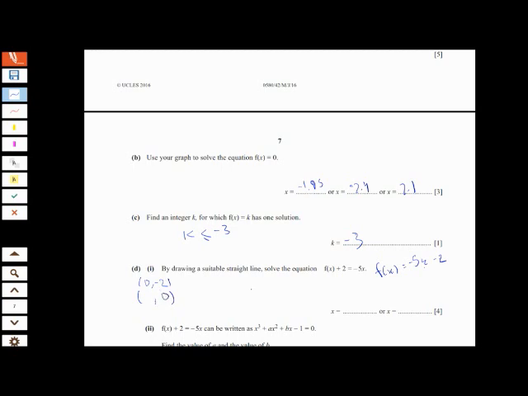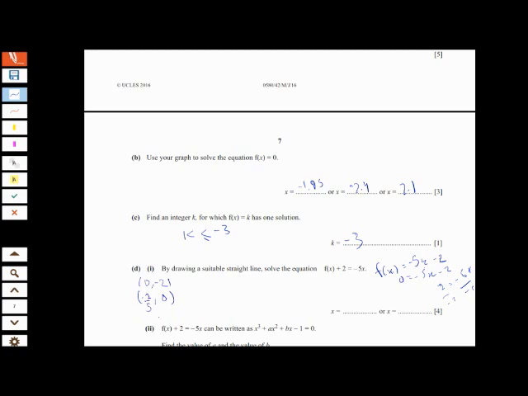And then you'll have y equals 0. You get 0 equals -5x minus 2. Take -2 to the other side. You'll have 2 equals -5x, divided by -5 by -5. So x is going to be -2 over 5.